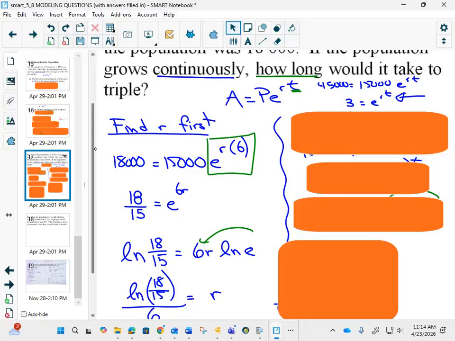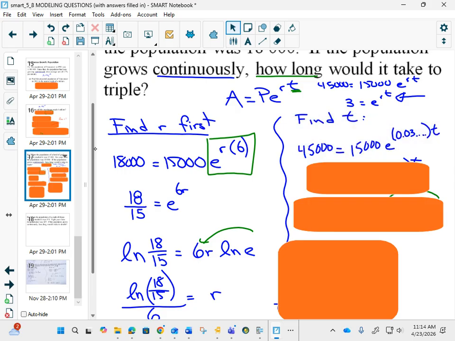We learned that it took the same amount of time for $30 to double to 60 as it would take $1 million to double to 2 million. Same thing with tripling. It's going to take the same amount of time to triple, whether you started with a little amount or a big amount. So you can choose either one, because if you tripled it and then simplified, you see that you get a 3, whether you tripled with the 18,000 or the 15,000.